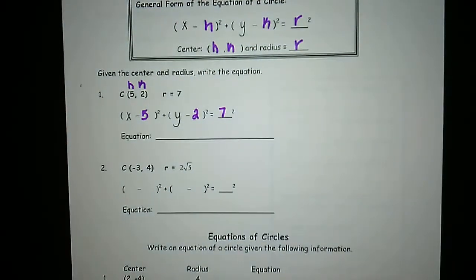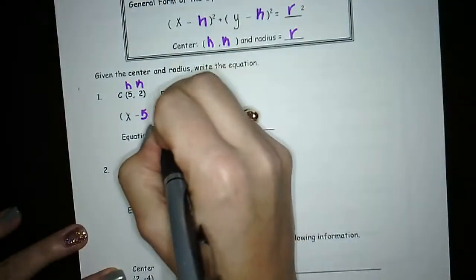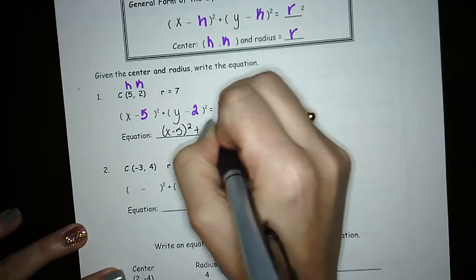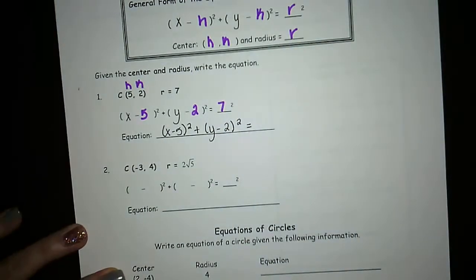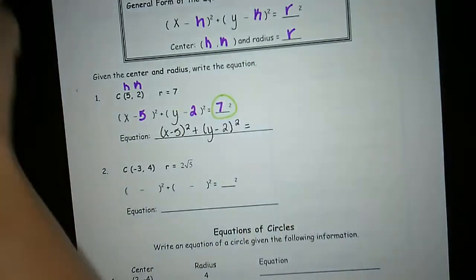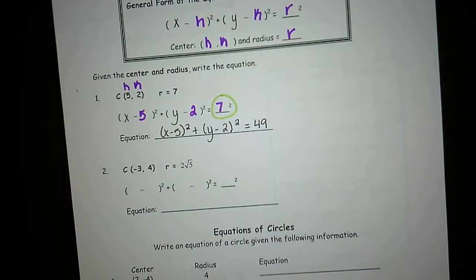All we're going to do is simplify from this. So you end up getting (x minus 5) squared plus (y minus 2) squared, and then we're just going to simplify this right here. 7 squared is 49. So that's the equation of a circle.